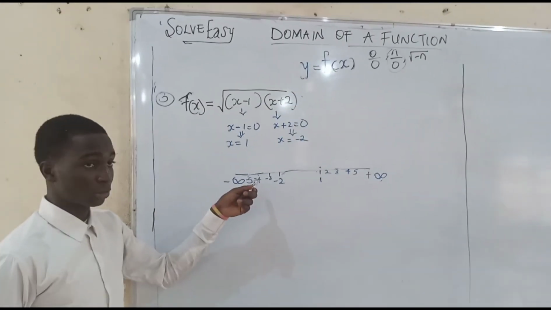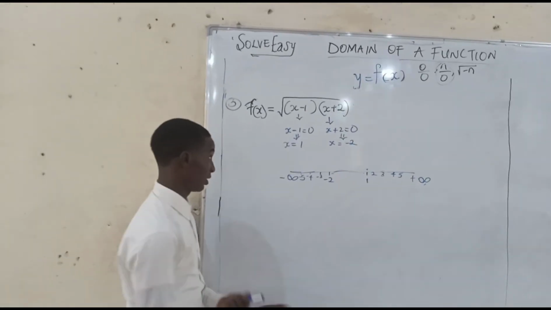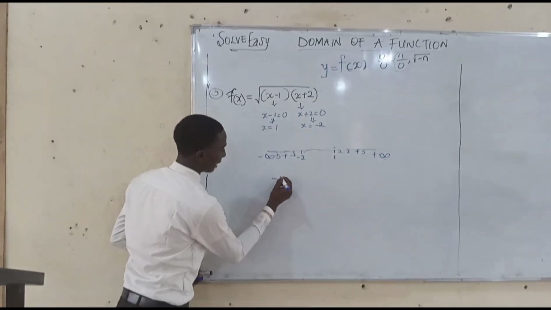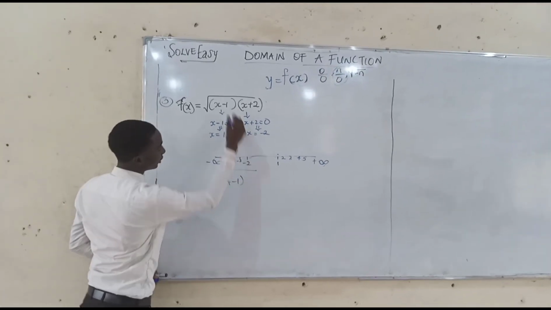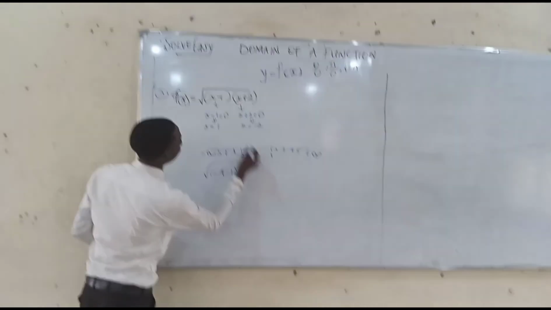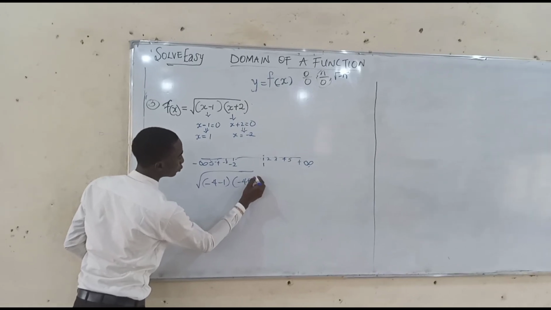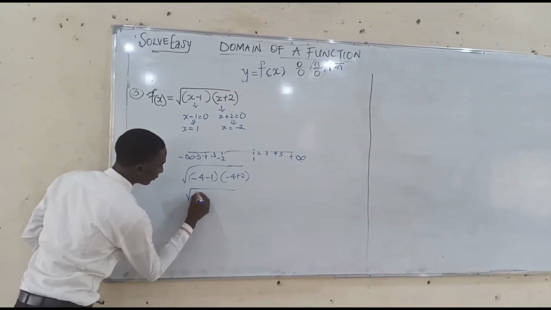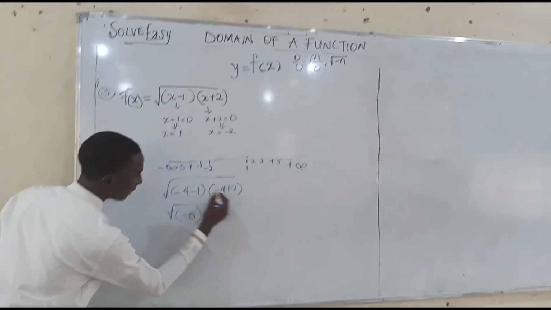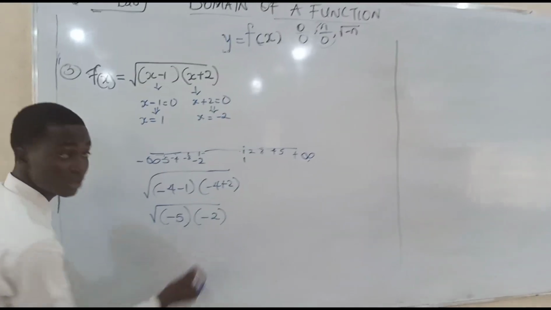Let's choose minus 4 for instance. If I choose minus 4, I'm having minus 4 minus 1 multiplied by minus 4 plus 2. So minus 4 minus 1 will give us minus 5. Minus 4 plus 2 will give us negative 2.